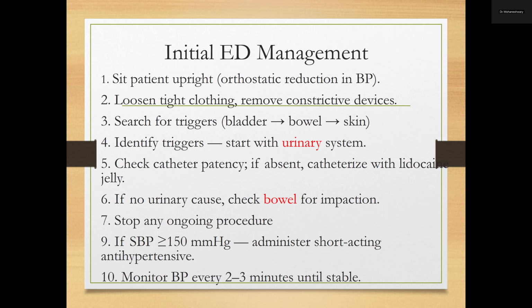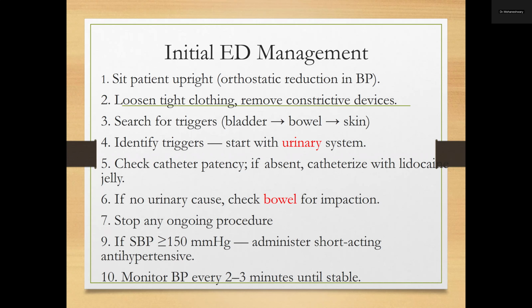Remember, in the ED, when the patient comes with high blood pressure from AD, it's important to sit the patient upright, not lying down like what we usually do. Sitting upright causes venous pooling in the lower limbs, which leads to lower blood pressure.